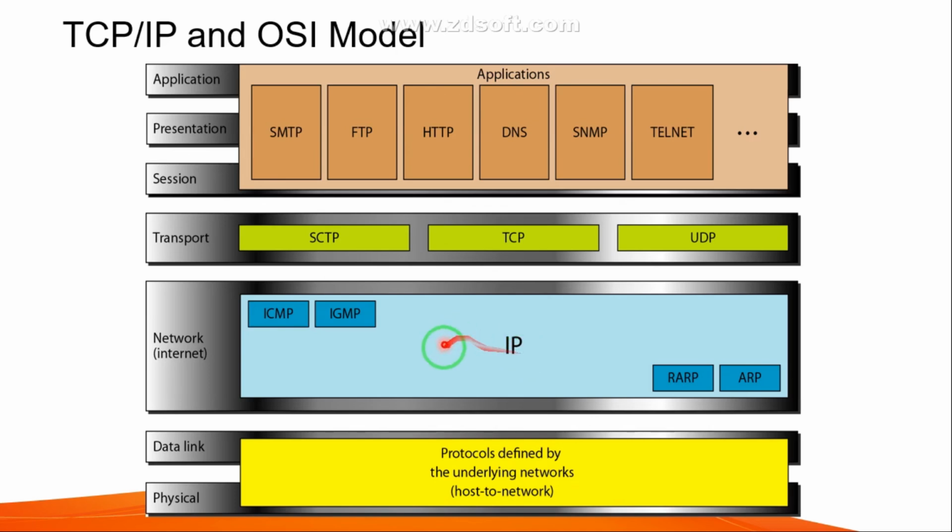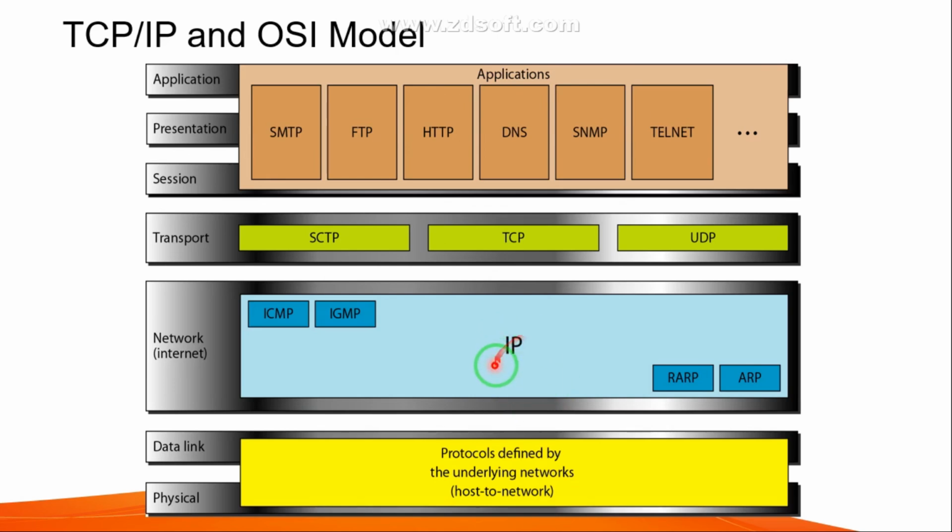So the network layer in this internet includes the main protocol called the IP protocol, Internet Protocol, which defines the format of the packet, which is called a datagram. It also defines the structure of addresses. And IP is also responsible for routing a packet from its source to destination.